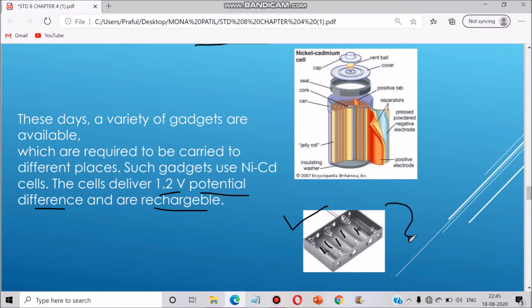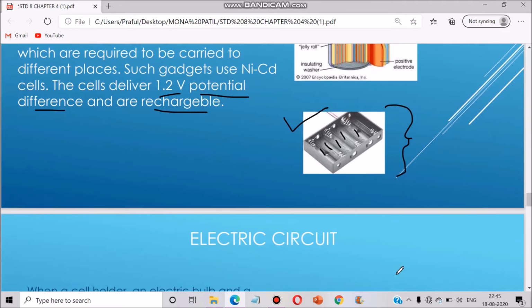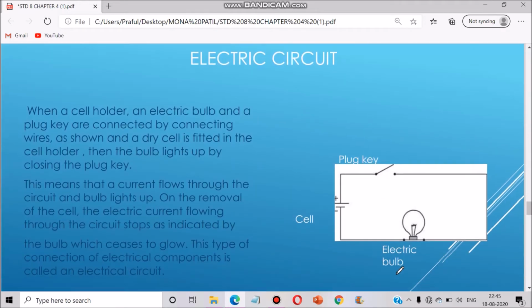Okay, next, electric circuit. Now what is the electric circuit? You will see here different components, that is plug key, cell, electric bulb. These components are bound together in a particular manner and this diagram is called an electric circuit.